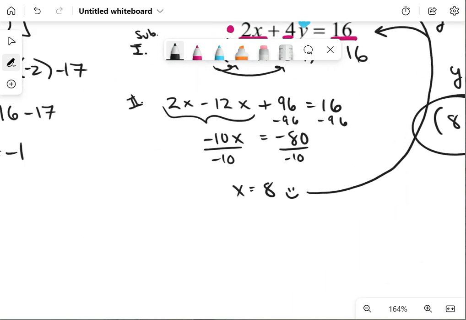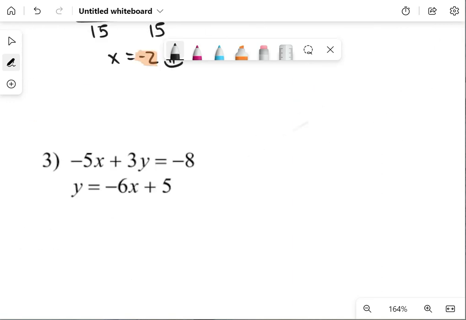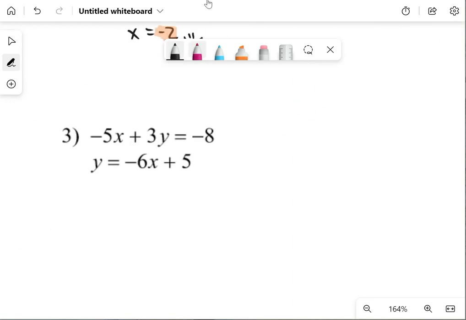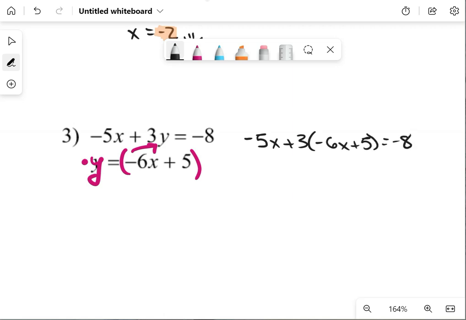Let's look at one more here. This time, again, y is solved in the bottom. So you can see all the different types here. It's just going to go up top there. So take the top equation, I'll write it over here: negative 5x plus 3 times negative 6x plus 5 equals negative 8. Distribute.